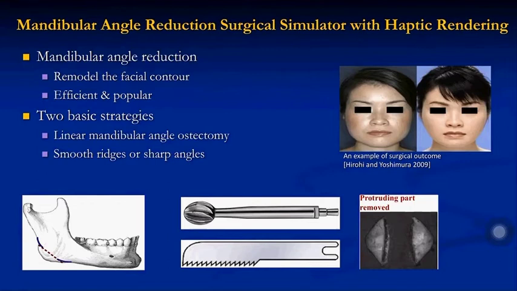One is the linear mandibular angle osteotomy, and the other is the smoothing of ridges or sharp edges. The tools being used are the rotating burr or the saws. The picture here shows the removal of protruding parts in this kind of procedure.